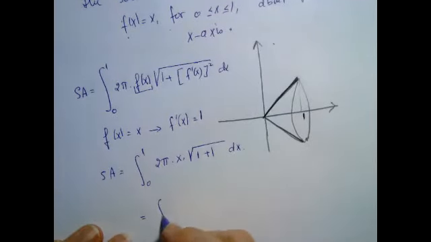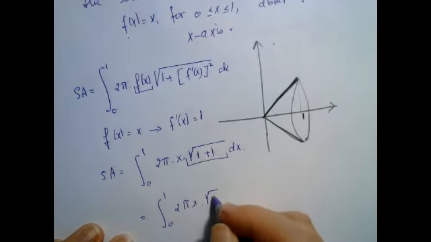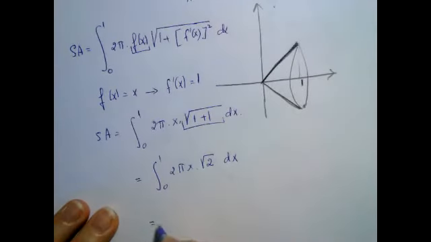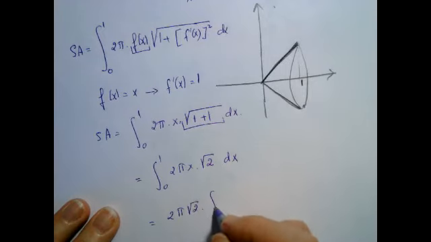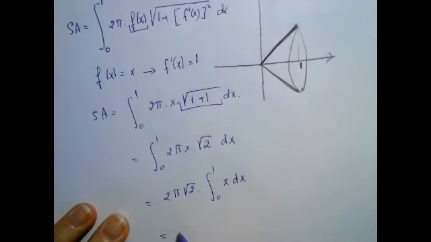So it's the integral from 0 to 1 of 2 pi x times the square root of 2 dx. And finally, this would give me 2 pi square root of 2 times the integral from 0 to 1 of x dx. Now evaluate this.